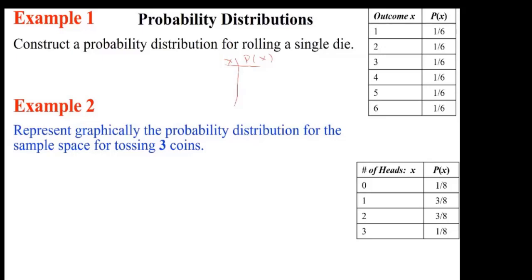But specifically, X represents the number of heads. And since there are 3 coins, then we have only 4 choices, 0 all the way to 3. Now, we have seen the tree diagram for this. We have seen the sample space for this. We have seen the probability for each case previously, so I don't think you have anything to worry about.